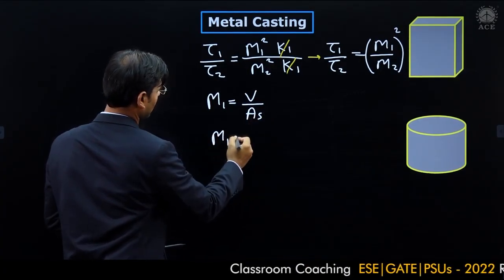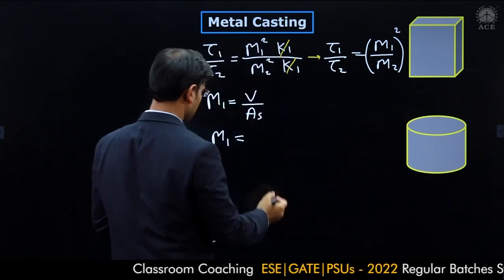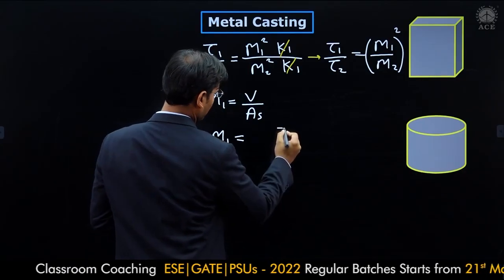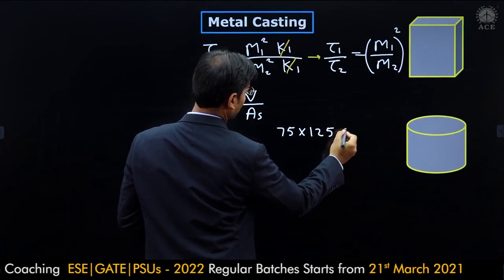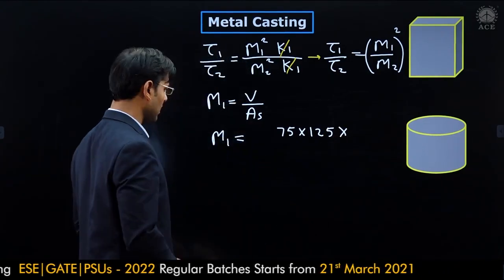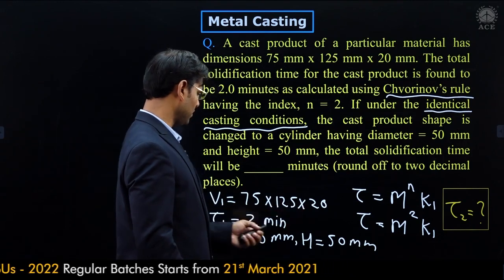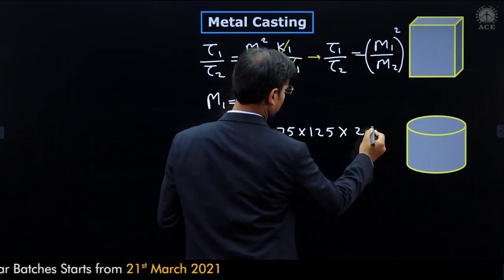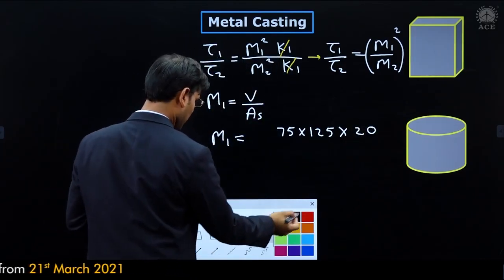The volume of the first one is 75 into 125 into 20. That is the volume. Now you have to calculate the surface area.